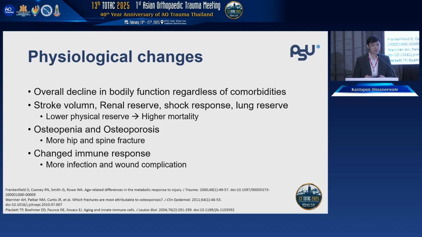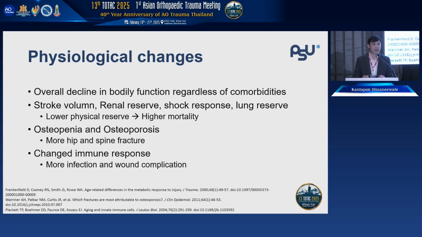And the first issue, the physiological changes. These are really important in understanding why they do worse in geriatric polytrauma. First, even without any comorbidities, the body that they have been using for 65 years is like a car, right? You use it for 10 years, it's not as good as new anymore.